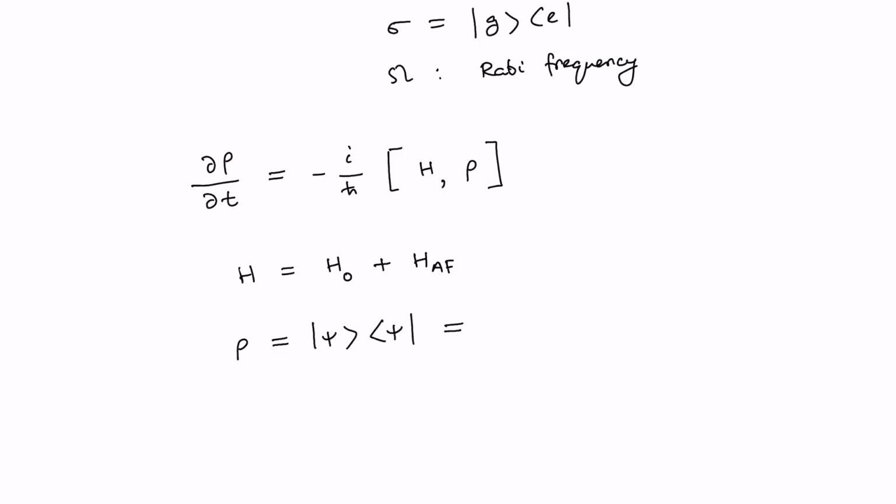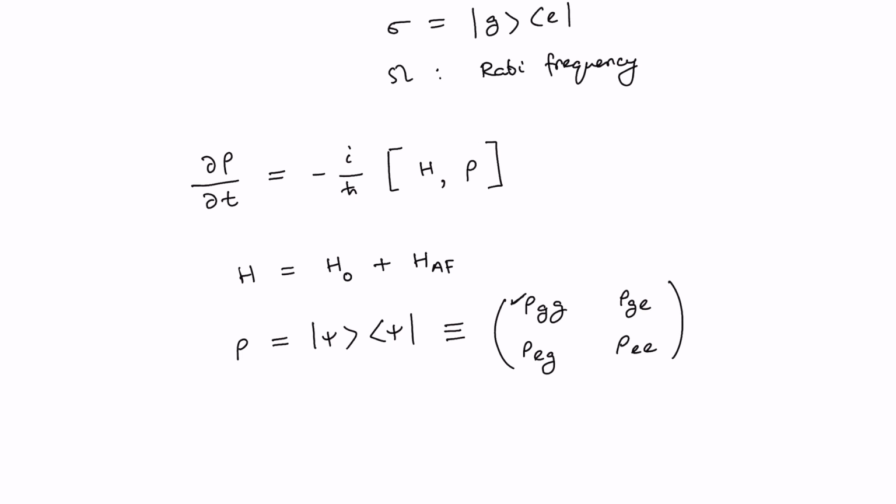Because it is a two level atom I can write it as a 2 by 2 matrix: ρ_gg, ρ_ge, ρ_eg, and ρ_ee.